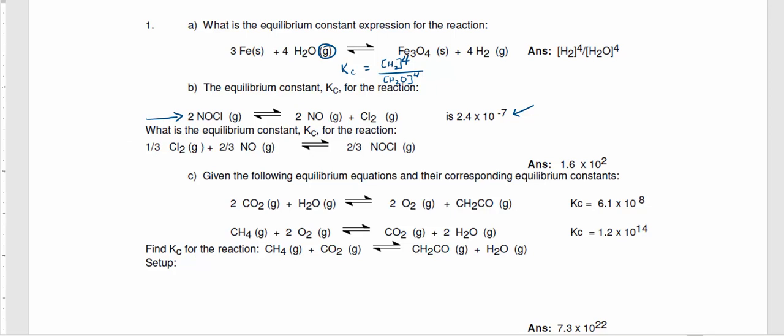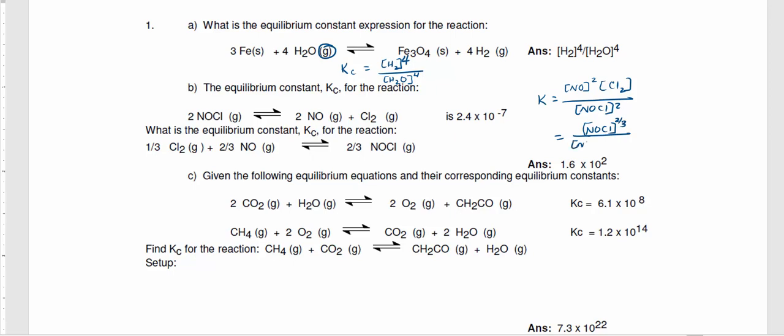Well, what happens to the Kc in this case is we're going to take the cubed root, because we are taking the original Kc, which is what this is, and it would be NO squared Cl2 times the concentration of Cl2 divided by NaCl squared. And what we're doing is we're transposing that, we're translating it into the upside down, and we're changing the coefficients.